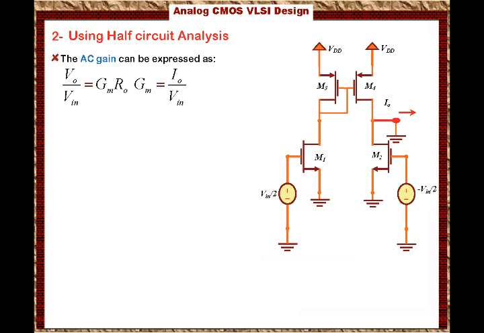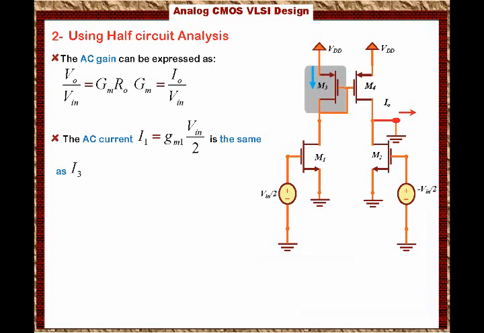We also know that the AC current for transistor 1, I1, will equal GM1 times Vn over 2, where GM1 here is the transconductance of transistor 1, which is the same as I3, because the current flowing through transistor 3 is the same as the current flowing through transistor 1, but also it is mirrored to transistor 4.